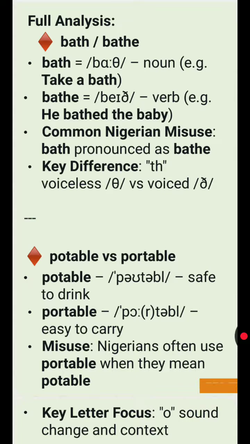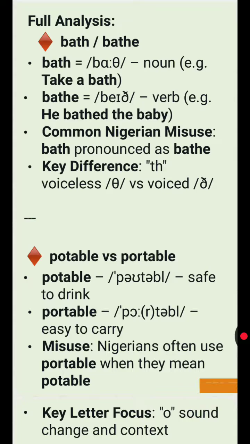The right way is to note that the TH in both spellings is pronounced differently in each of the words. When you come to bath, it is the voiceless TH sound. It is not voiced, you know what I mean by that.